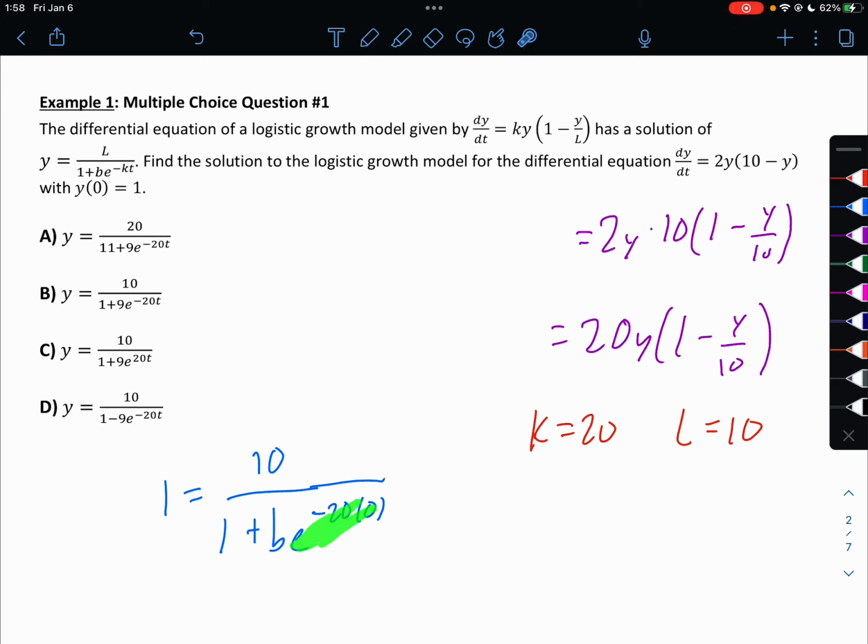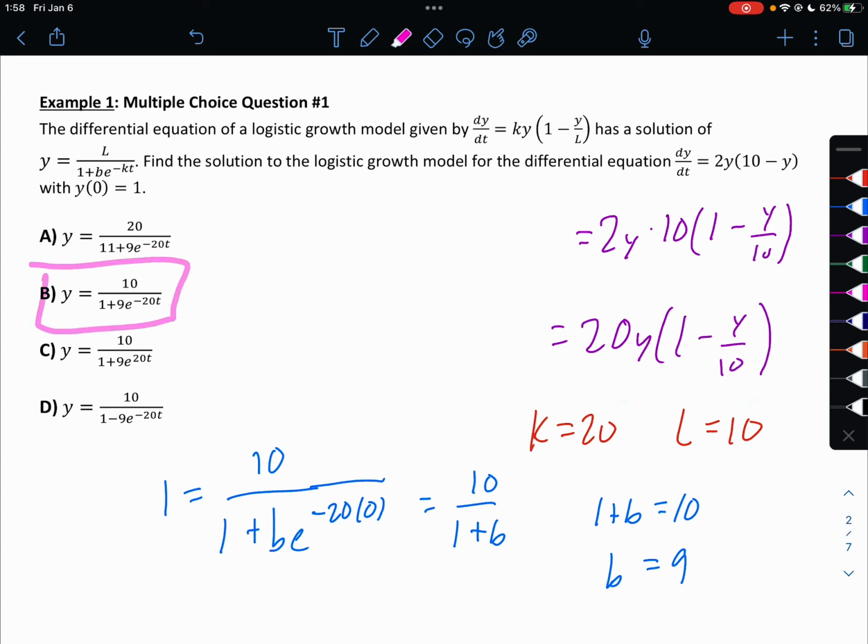So e to the 0 is just 1, and we're left with 10 over 1 plus B. So 1 plus B equals 10, so B equals 9. Using these three numbers, our answer for this problem must be B.